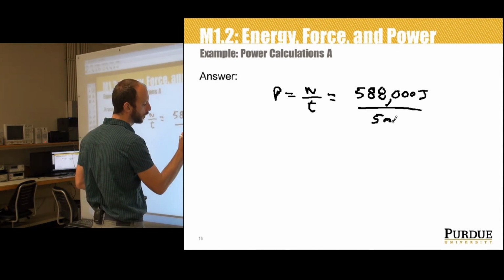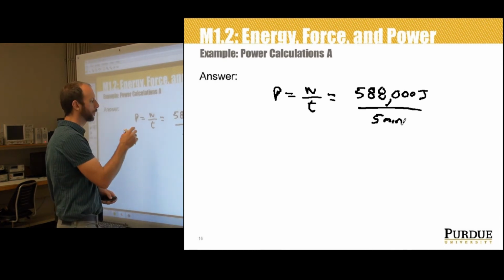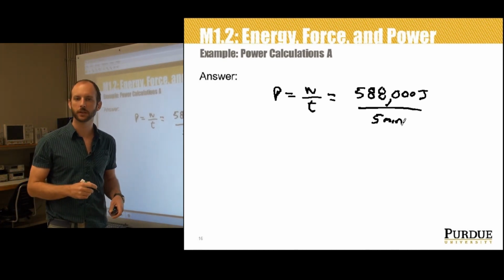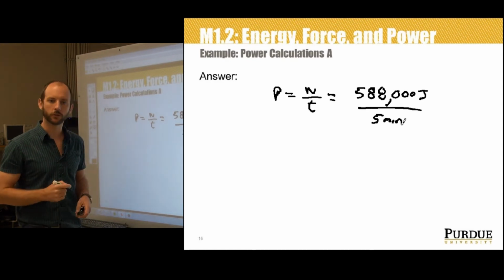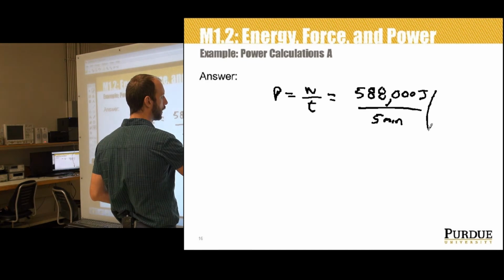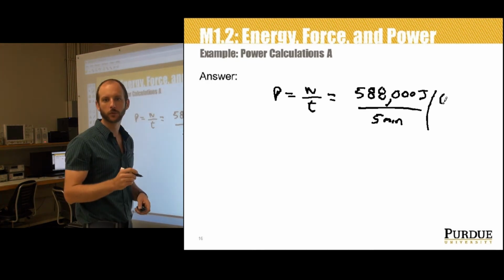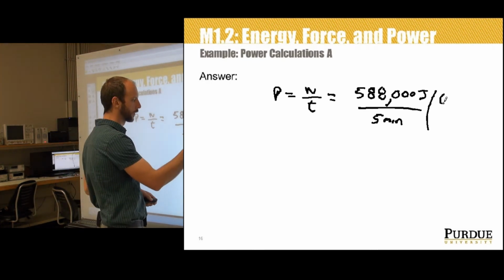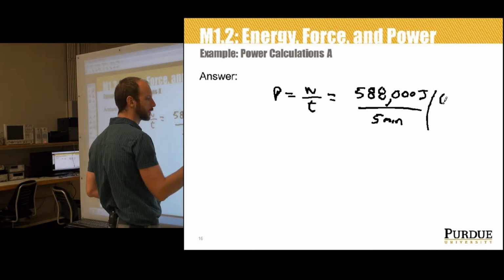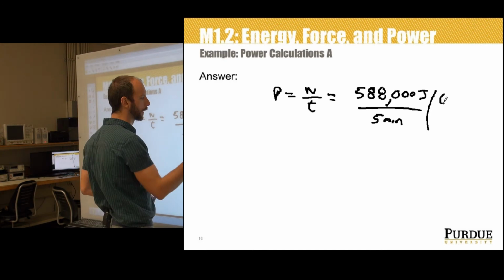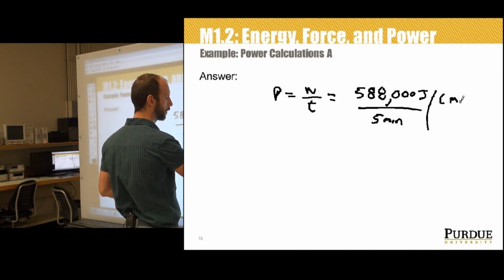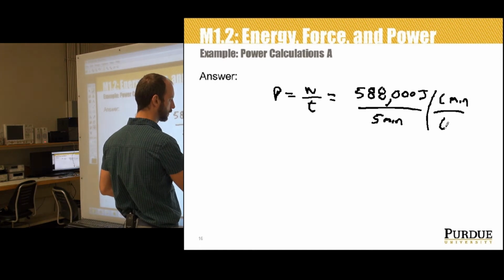But hold the phone. On the last slide, I told you that power is joules per second, not joules per minute. So we have to put this 5 minutes into seconds if we want the answer to come out in watts. So what we now have to do is divide by 60 seconds per minute, which in this case will be multiplied by 1 minute over 60 seconds.